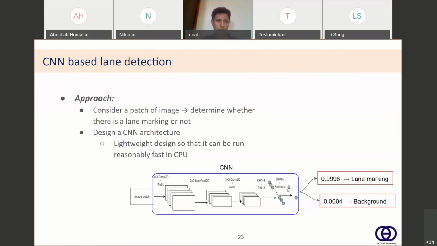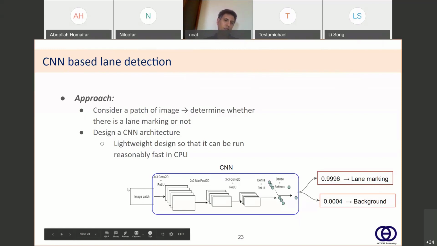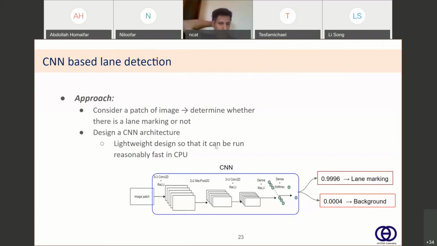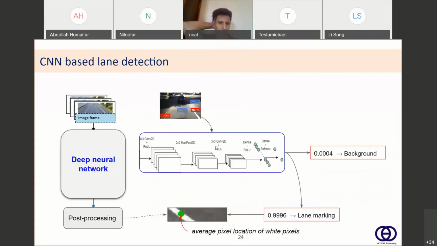We convert them into fully connected layers and then apply softmax to get the confidence level of whether the given image patch has a lane marking or is background. So this is a simple convolutional neural network, and here's how it works.